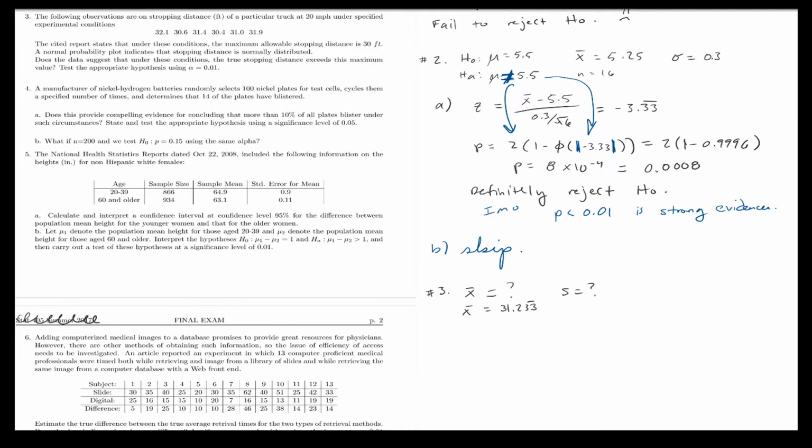I'll call it a, and then I'll do 32.1 minus a quantity squared plus 30.6 minus a quantity squared plus 31.4 minus a quantity squared plus 30.4 minus a quantity squared plus 31 minus a quantity squared plus 31.9 minus a quantity squared.